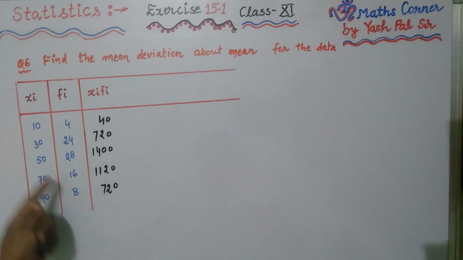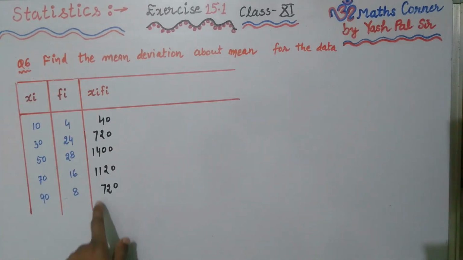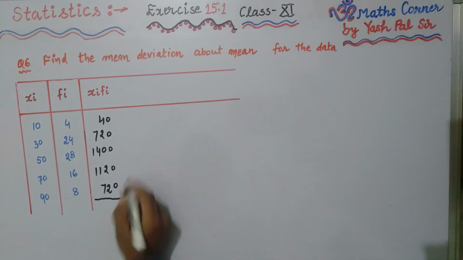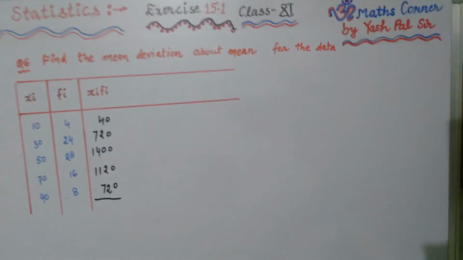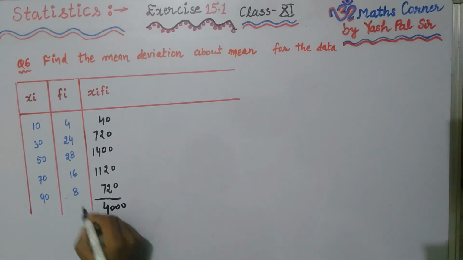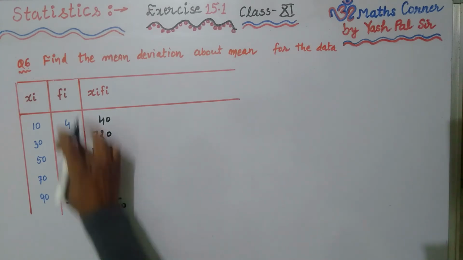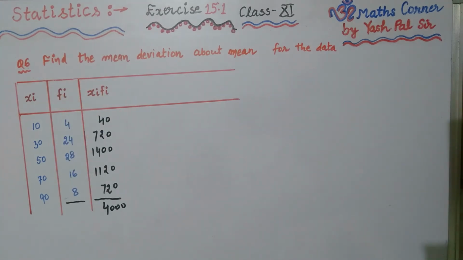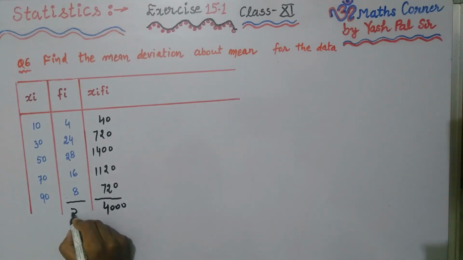This way we have got all the xi fi. Now what is the sum? The sum of all this is 4000. Similarly, we also find the sum of fi, which is equal to 80.